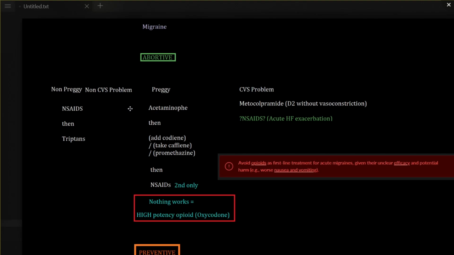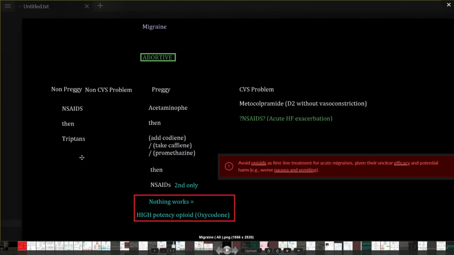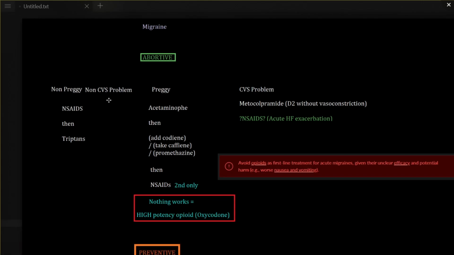Anyway, let's pay attention to the algorithm itself right now. This is with regards to patients who only have migraines and are not pregnant or with any cardiovascular problem. The second group is pregnant ladies. In these patients you are not going to start with NSAIDs. You are going to start with acetaminophen. The thing is, NSAIDs are not used during pregnancy, especially in the first and third trimester, because of their teratogenic effects.